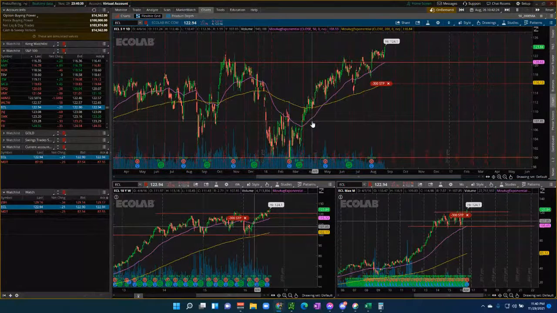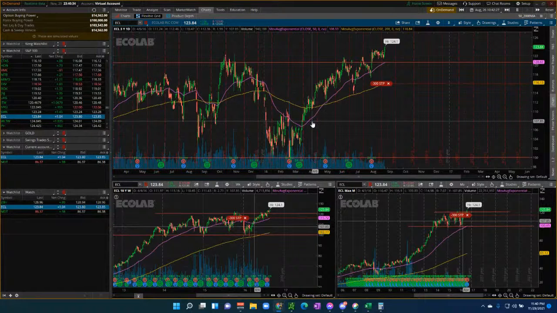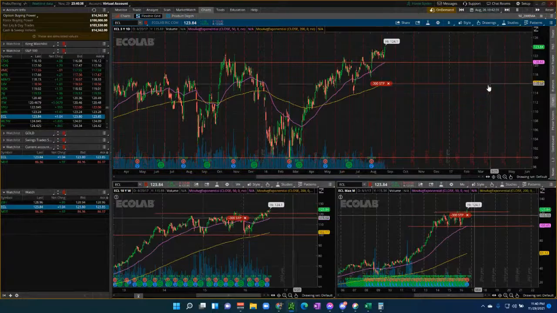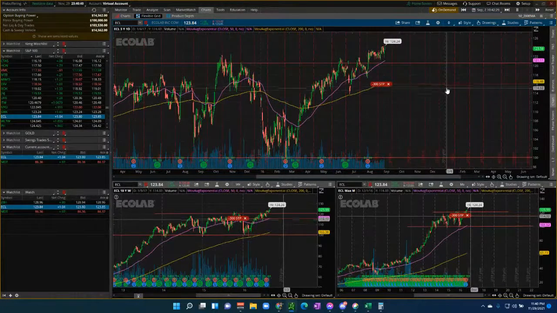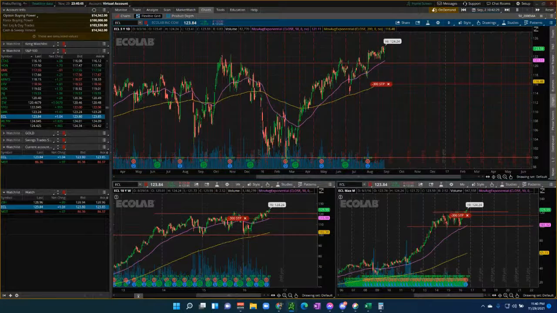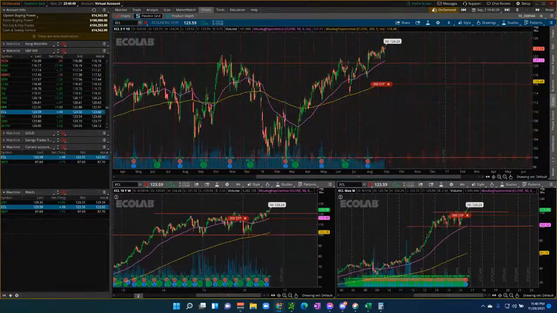These summer months are usually just slow. I don't know if it's people not trading or people taking vacation in the summer months. So far as I've been trading, summer months aren't the most exciting. It's usually Q4 that's really exciting.